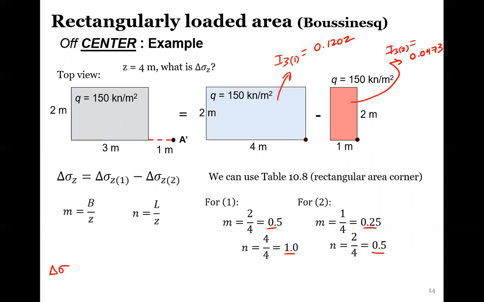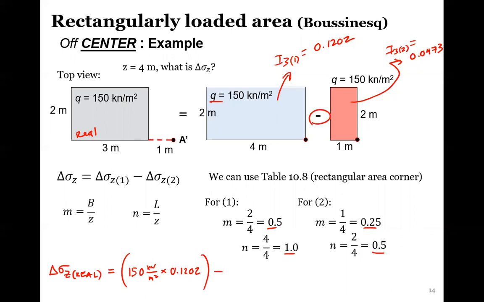Delta sigma for the real one is equal to 150 kilonewtons per meter squared, since our Q is the same for both, times 0.1202.